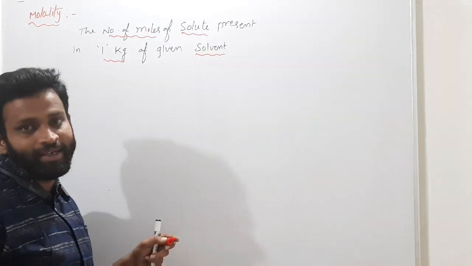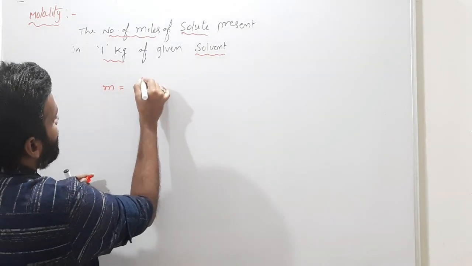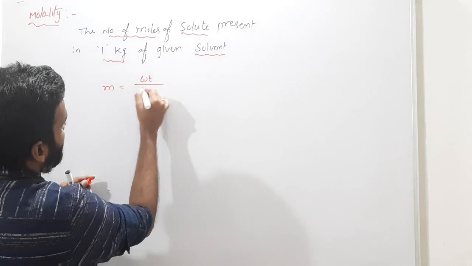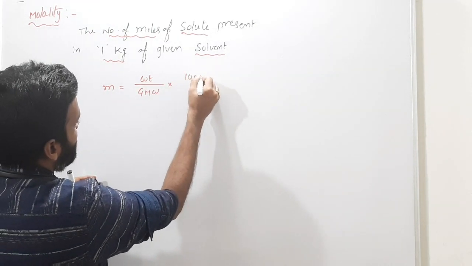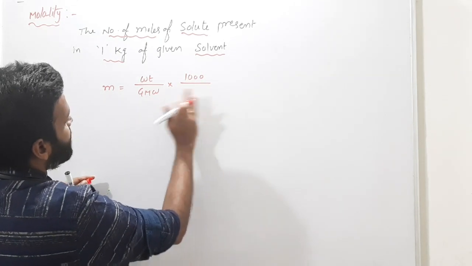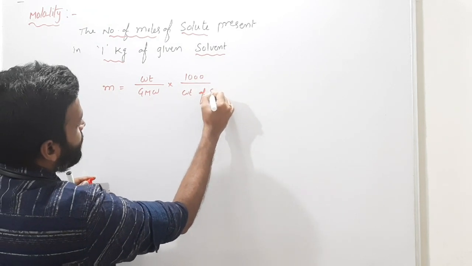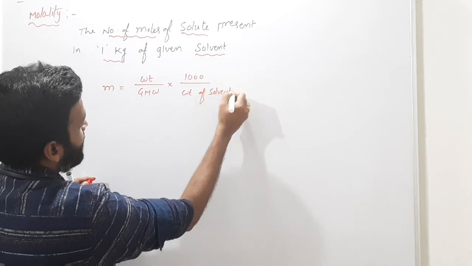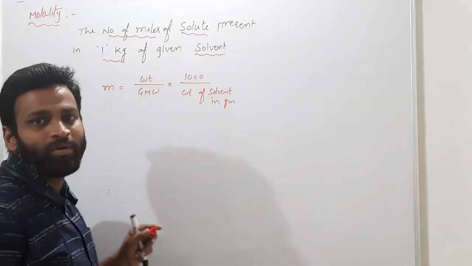For molality, you have the formula: weight of solute by gram molecular weight of solute into 1000 by weight of solvent in grams. So all these things you must remember.